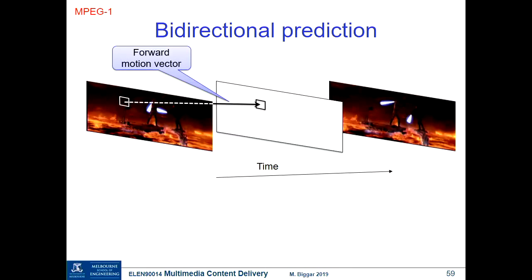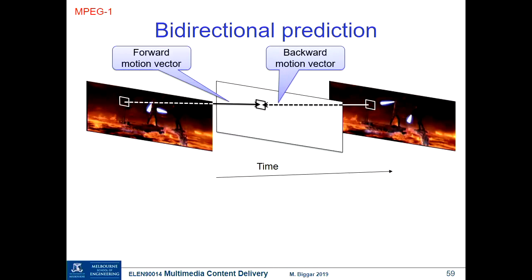That would improve the prediction for that block of pixels, reduce the prediction error, and save us bits. What bidirectional prediction does is give us the option of also predicting from a future frame, which you might think is a bit disturbing. We're looking forward in time, but it will make sense.